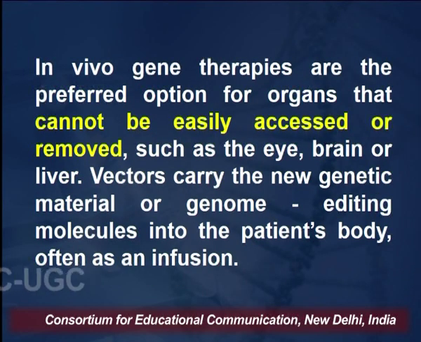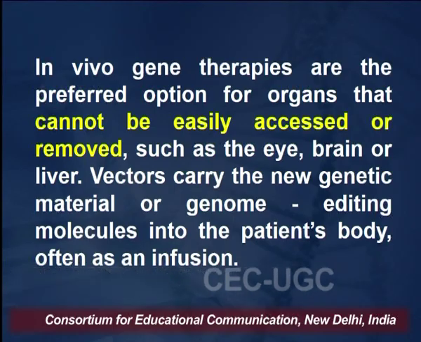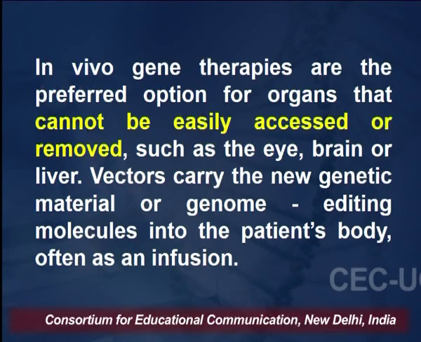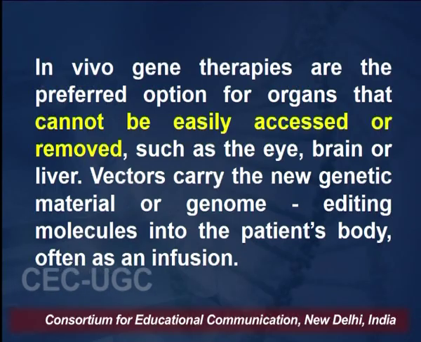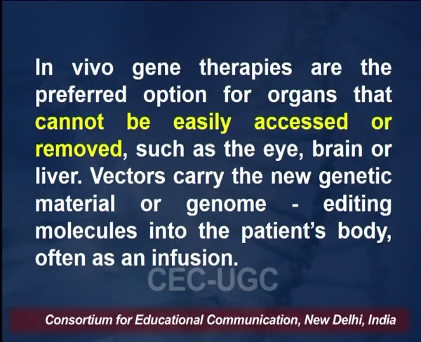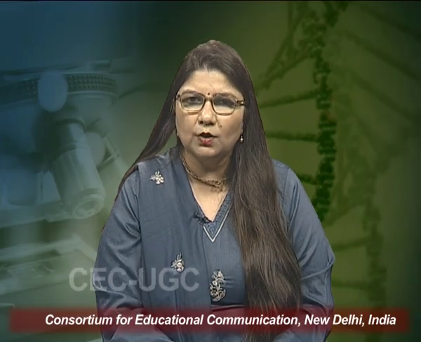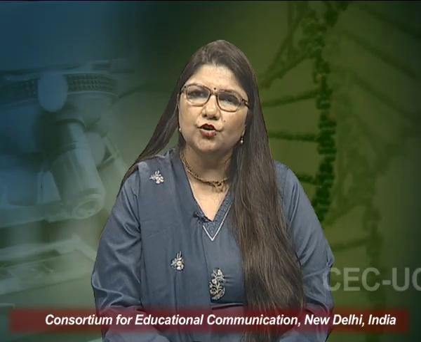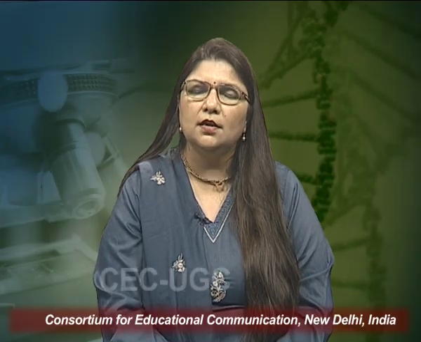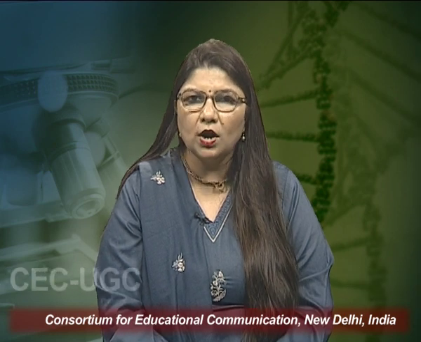In vivo gene therapies are the preferred option for organs that cannot be easily accessed or removed, for example, if you want to introduce the gene therapy to the eye or brain or liver. You cannot isolate the liver, take it out from the body and put it back. So there, the scientists introduce the viral vectors containing the corrected genes directly into these organs.